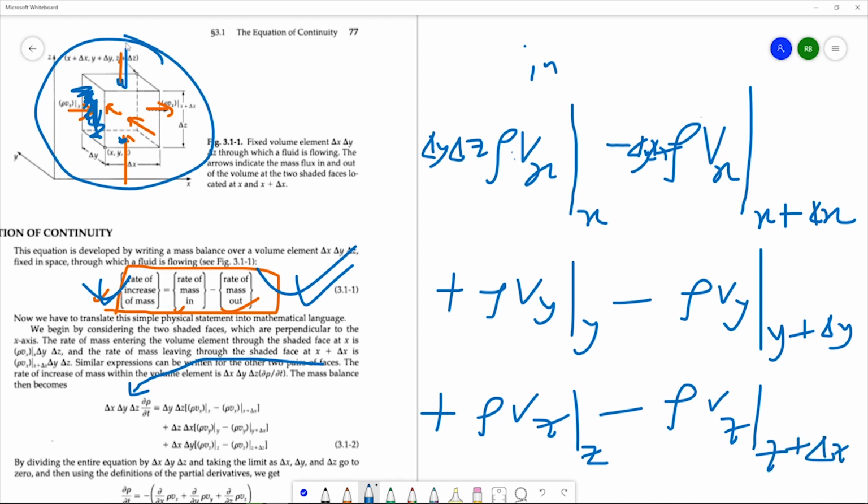So I've done mass flux in and out in all three directions, that is your total mass in minus out. You have to multiply it by area. Both faces have the same area.